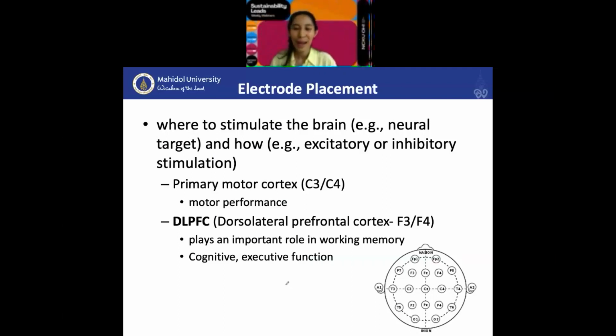Okay. And actually I work a lot with neurological patients, so I mostly focus on primary motor cortex, which is C3 and C4. But for those of you who are going to do cognitive research, you probably focus on DLPFC, the dorsolateral prefrontal cortex, which corresponds to F3 and F4 in the 10-20 system.